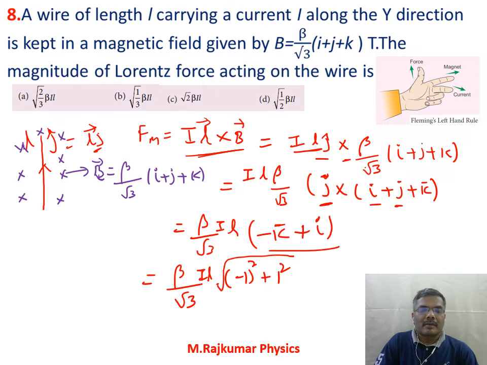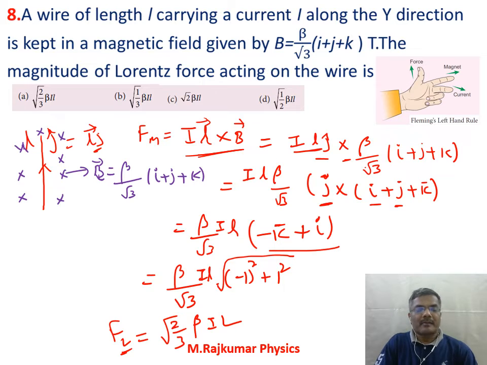So this will become root 2. So finally I will get it as root of 2 by 3 into beta I L. So this is the Lorentz force, or magnetic force, acting on this wire, which is having length L and is along this y direction.